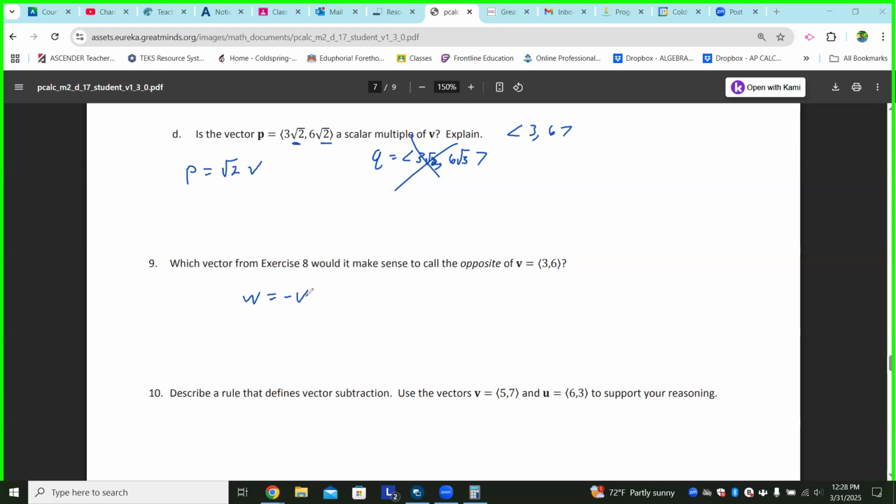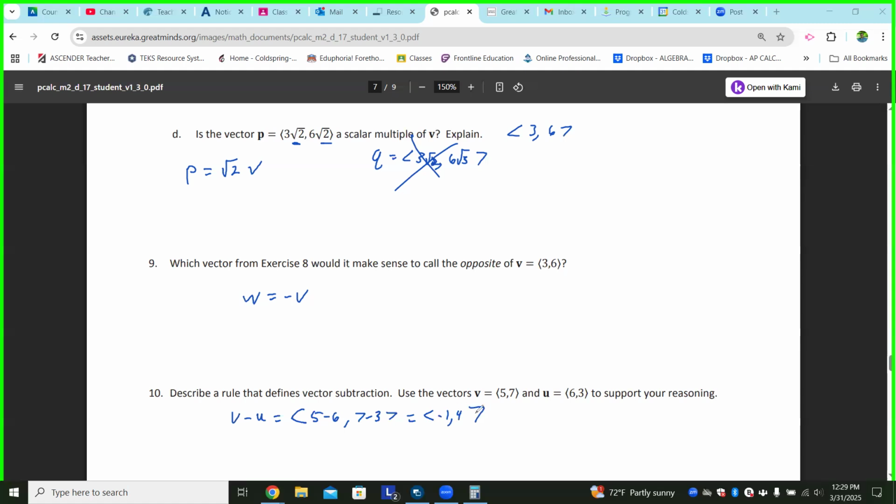Part 10 says describe a rule that defines vector subtraction. So we're going to use the vectors v and u to support our reasoning. So if I take v minus u, let's do this mathematically. How would I do that? We would take 5 minus 6 and 7 minus 3 and produce -1 and 4.